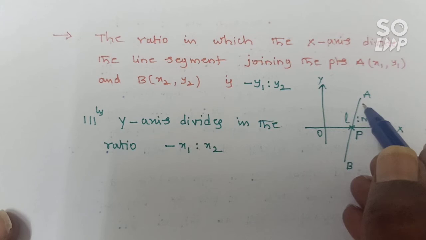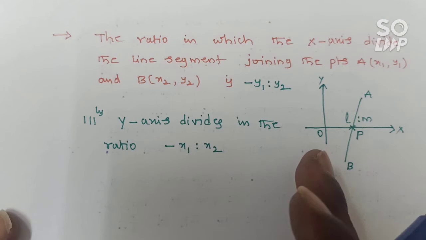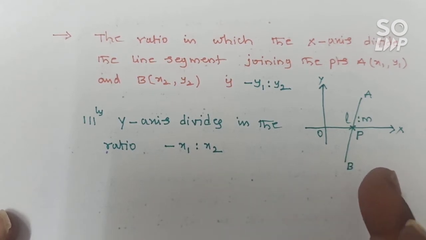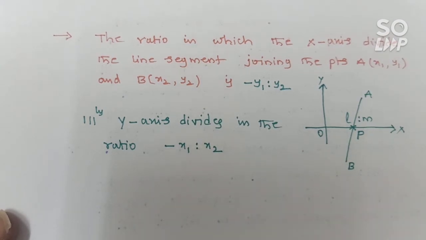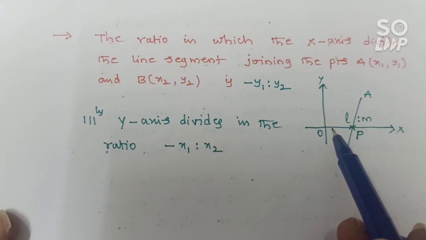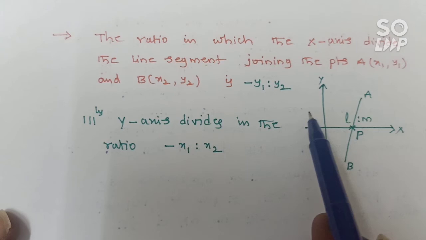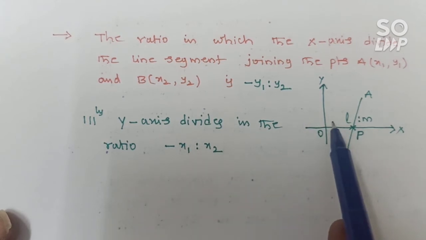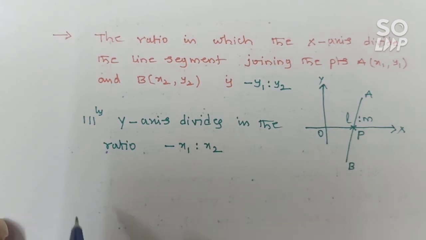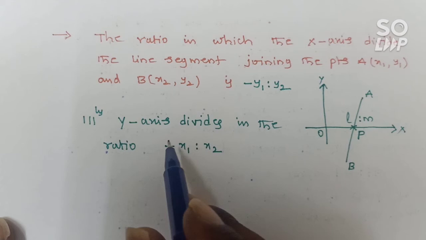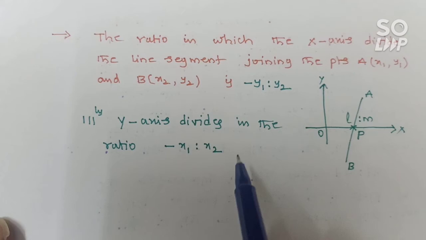Suppose AB is divided by the y-axis, the point P will lie on the y-axis. We know if any point lies on the y-axis, its x coordinate will be equal to 0. So in the internal section formula, if the x coordinate is 0, the L is to M value will be minus x1 is to x2, right? So this is the ratio when AB is divided by the coordinate axis.